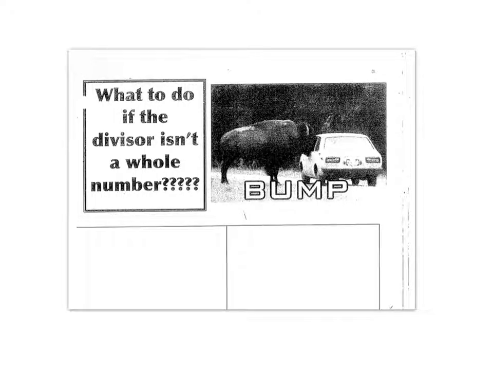So what do you do if the divisor isn't a whole number? Now remember what our divisor is. The divisor is the number that does the dividing, or how many groups we want.